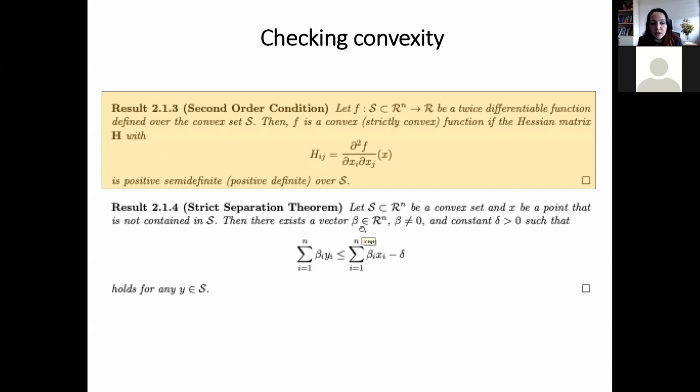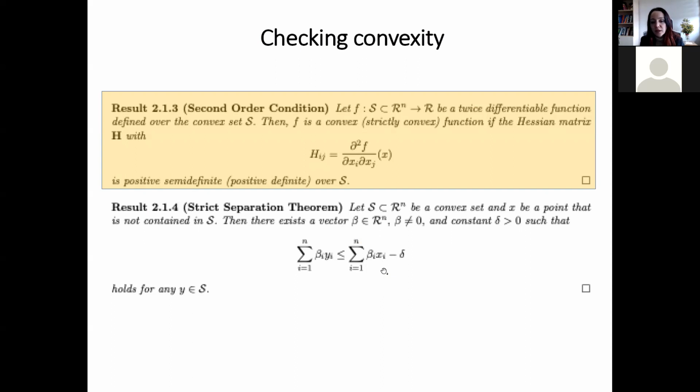For every point y that is in S, if you compute this inner product beta transpose y, then the result is less than or equal to the inner product beta transpose x minus delta. So there is a constant delta, and there exists a vector beta that you can find such that this will hold.